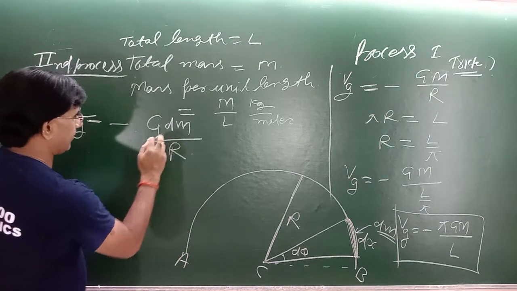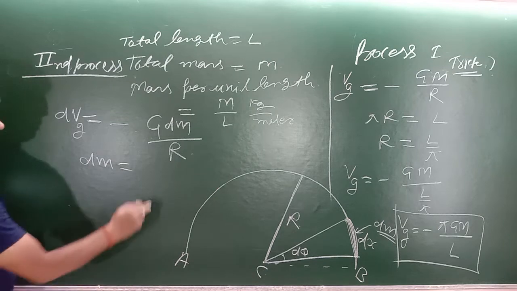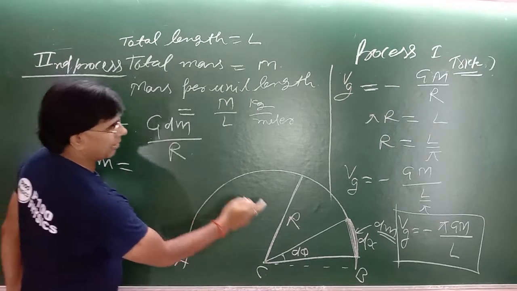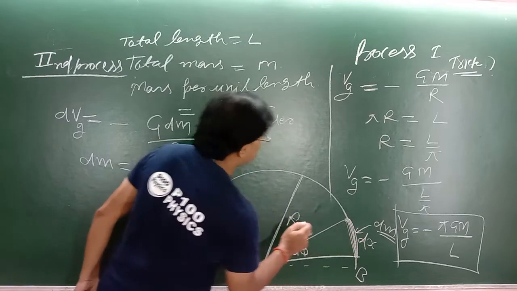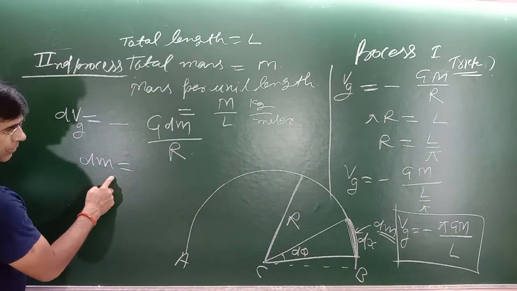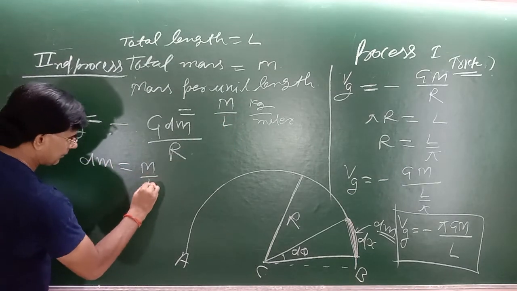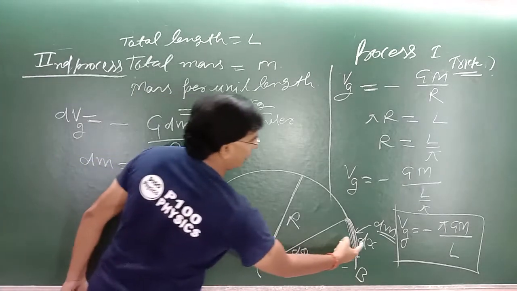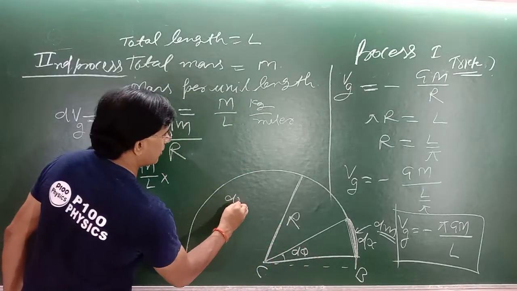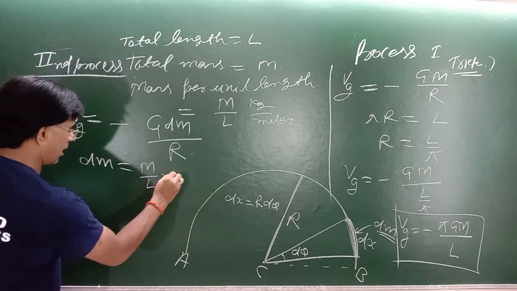Put in the value of dm. Dm is the mass of this element. Therefore, dm will be mass per unit length, m by L, into ds, and ds will be r into d theta.